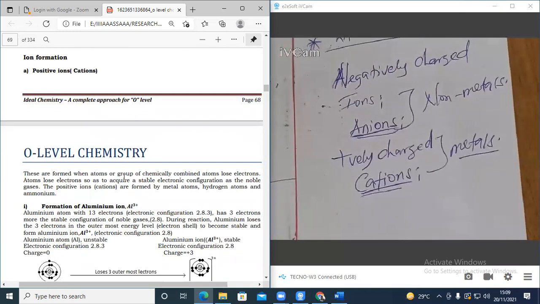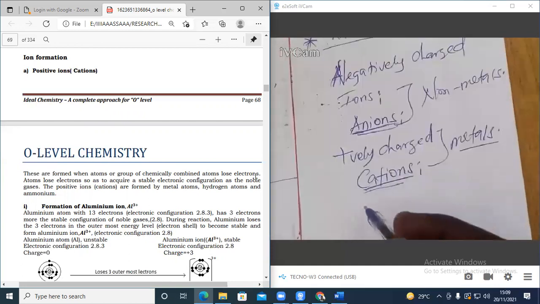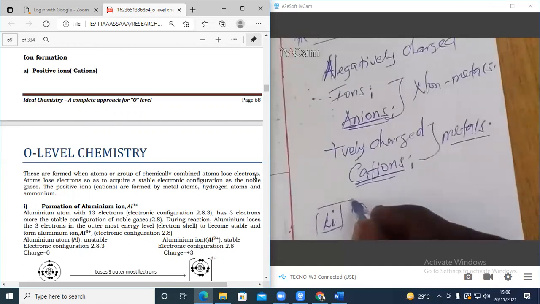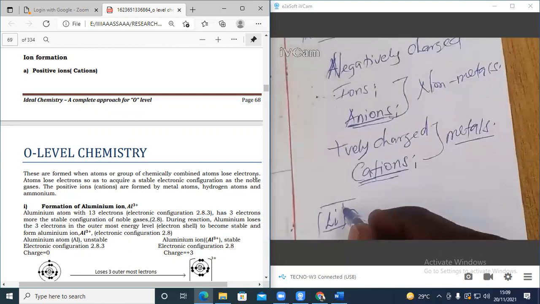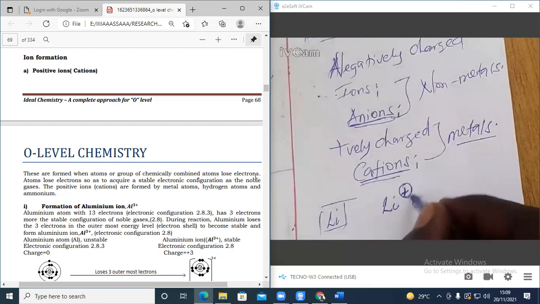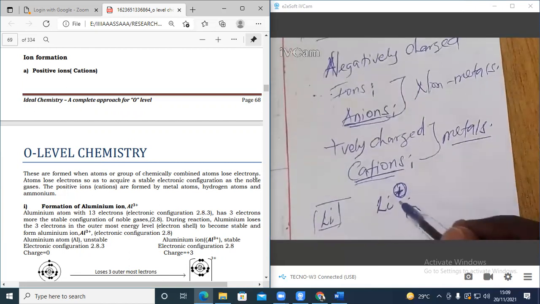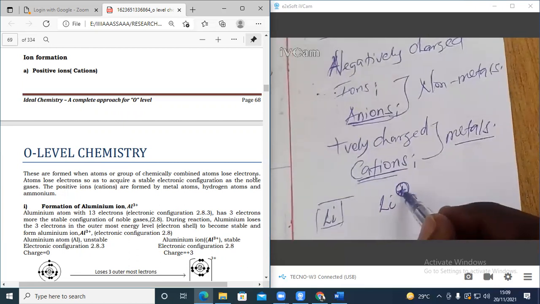Now, positive ions are called cations. They are formed when an atom or a group of chemically combined atoms lose electrons. An example: the first element in group 1 is lithium. When it becomes an ion, it becomes lithium 1 plus, because it has only one electron on the outermost shell, isn't it? So it becomes 1 plus.